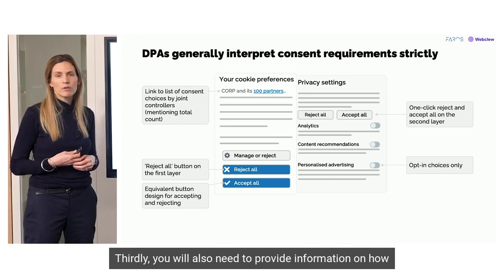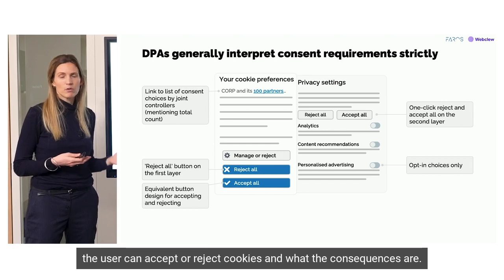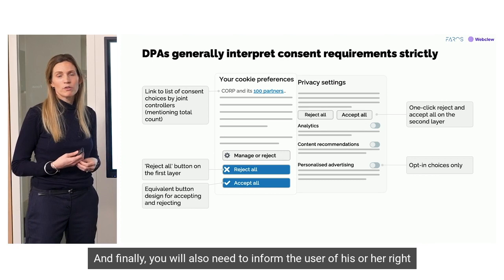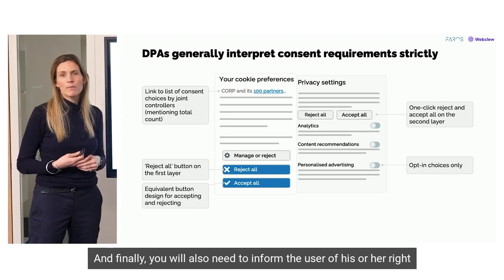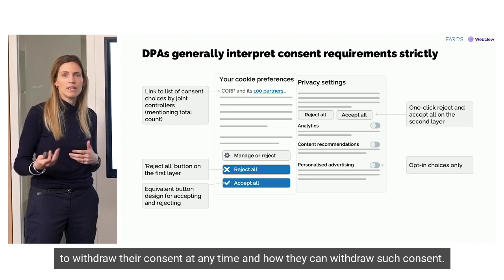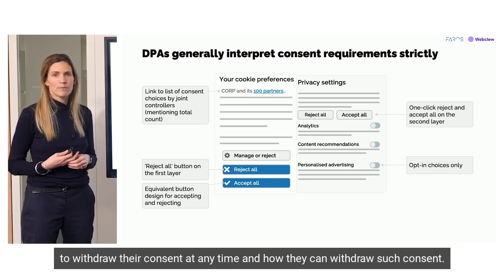Thirdly, you will also need to provide information on how the user can accept or reject cookies and what the consequences are. And finally, you will also need to inform the user of his or her right to withdraw their consent at any time and how they can withdraw such consent.